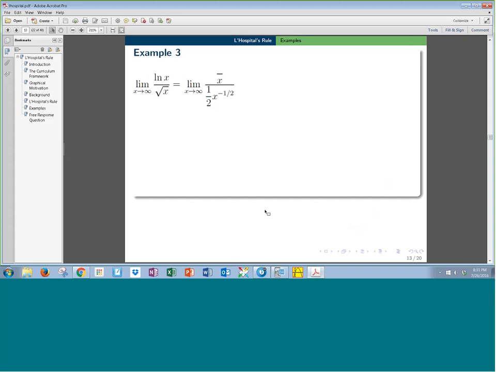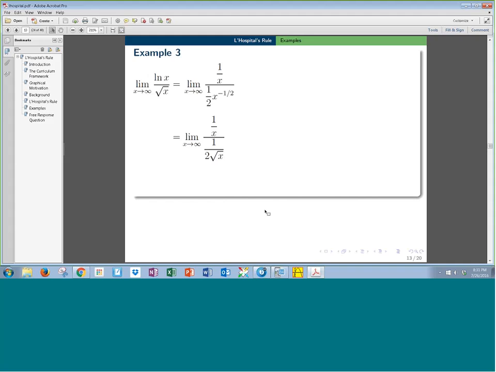So here we go. I'll take the derivative of the numerator and the derivative of the denominator, 1 over x divided by 1/2 x to the minus 1/2. And I'm going to do a little bit of extra here in the next step. What I'm going to do is rewrite that denominator. Vicki? Yes, and remember you said something a few minutes ago about encouraging your students to do algebra simplification, and so they don't need to forget that in this step.